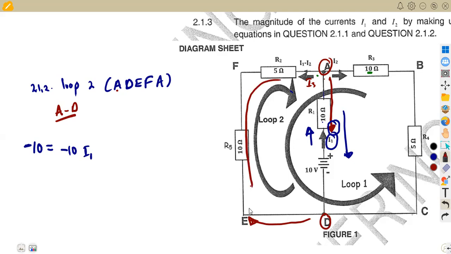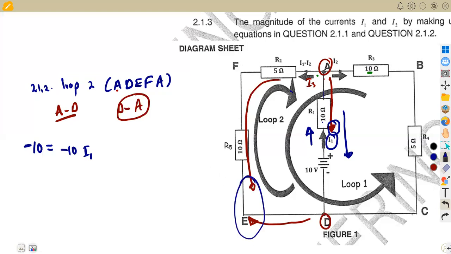So these two, again, they are opposing each other, as we are going this way, but the direction of the current is going this way. So we are going to have this as a negative. From point D back to the point A, it has got the same current, I1 minus I2, which is I3. So that is the direction that you're going to take.